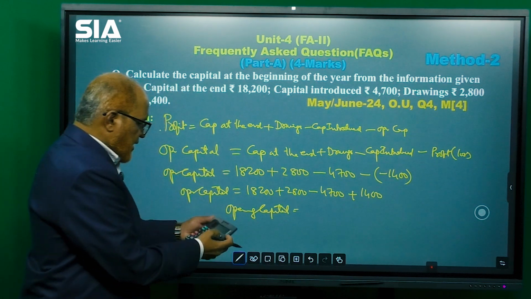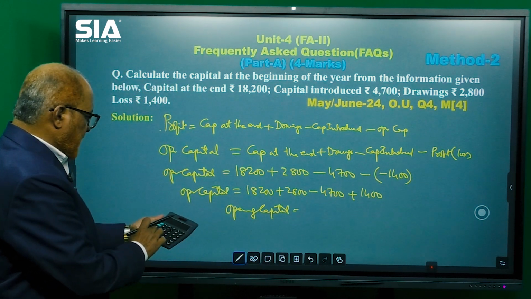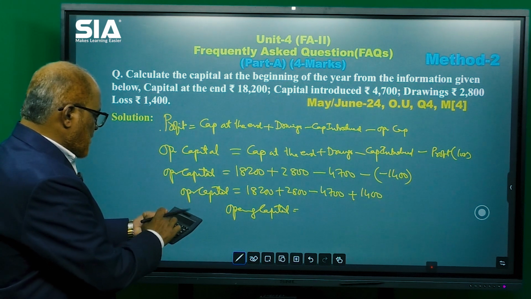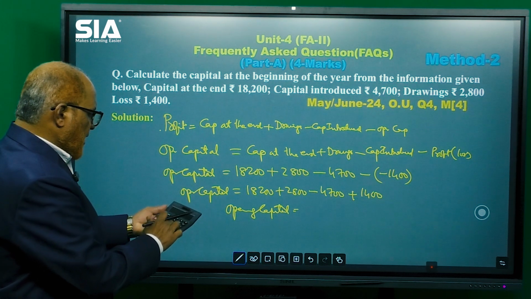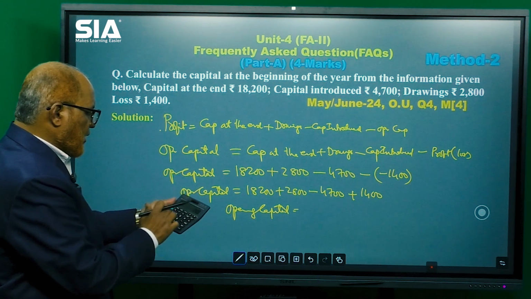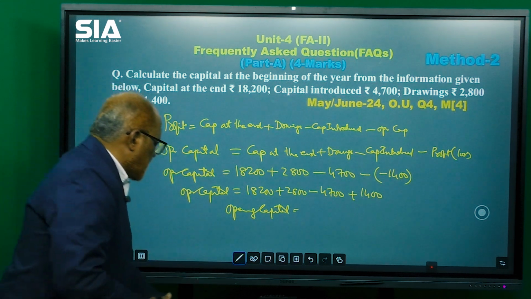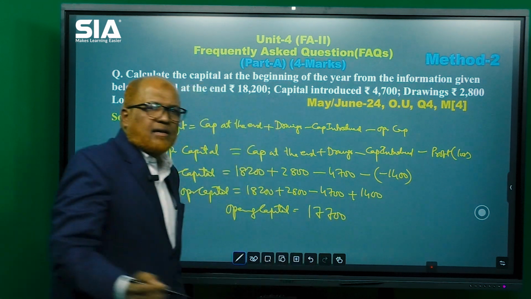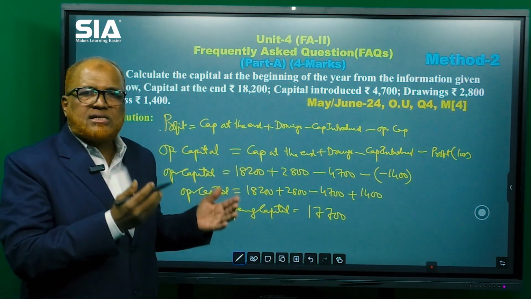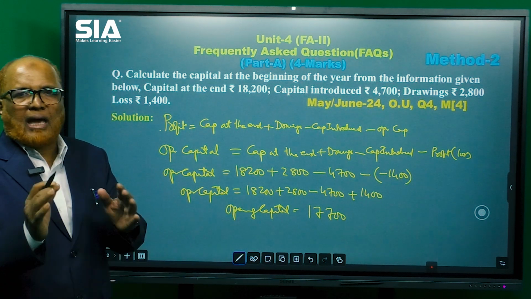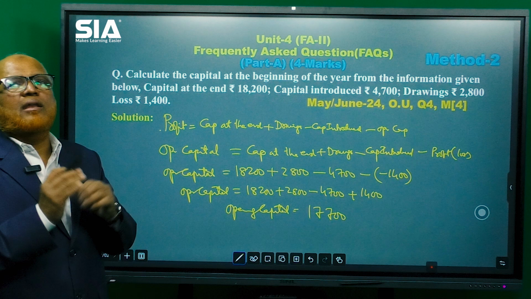Now just we will check how much is the capital at the beginning. 18,200 plus 2,800 minus 4,700 plus 1,400. That comes to 17,700. The exactly same answer what we got in the statement. So these two methods are there to find out the capital at the beginning.